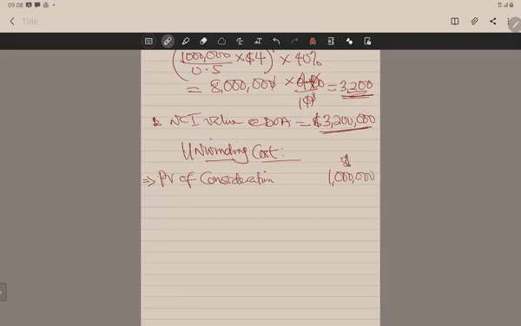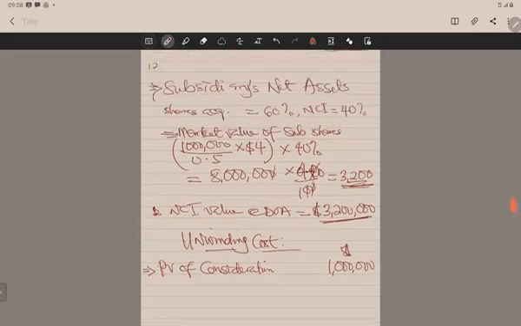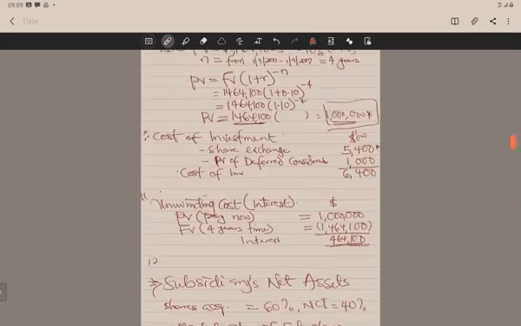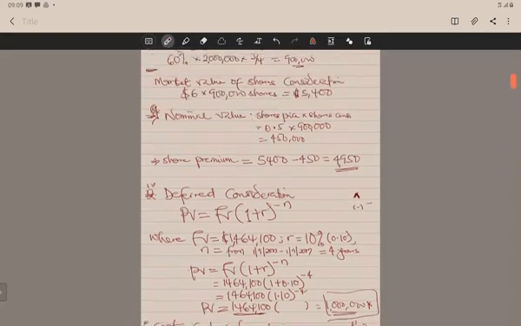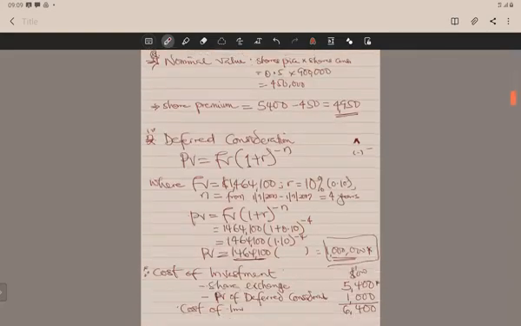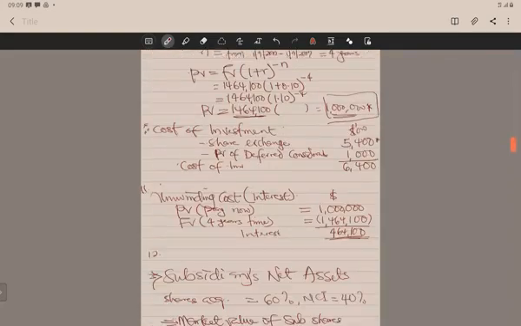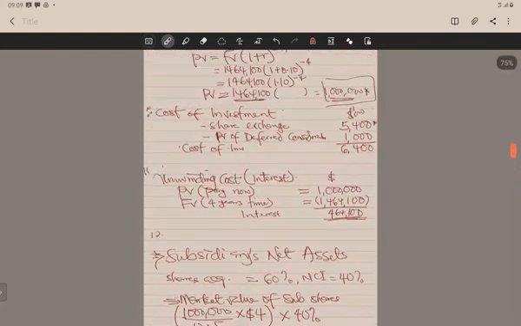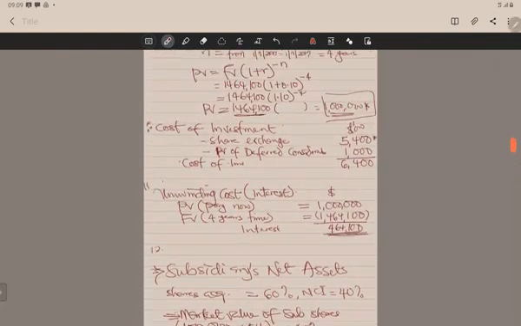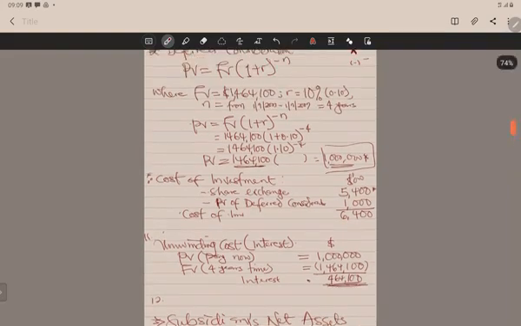That is the PV that we calculated. Then remember that it was acquired in July. Yes, this is the total interest. The company was acquired on July 1, 2003.